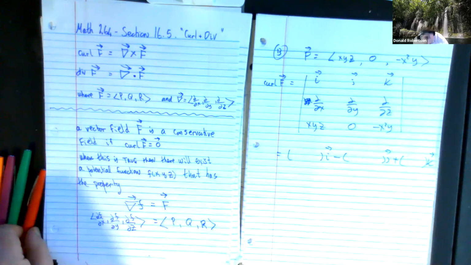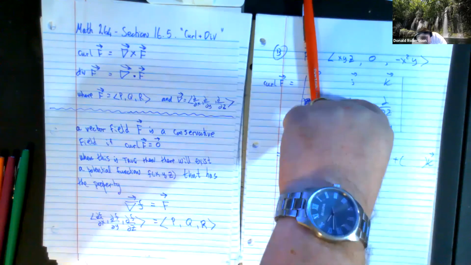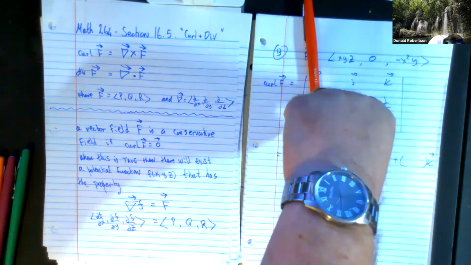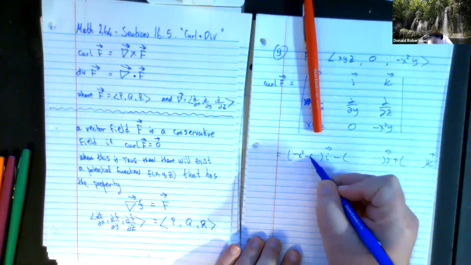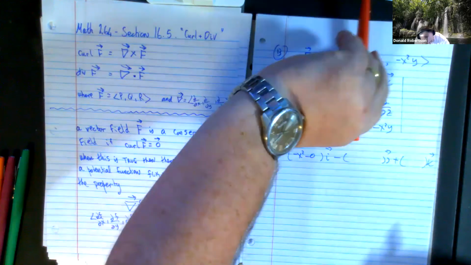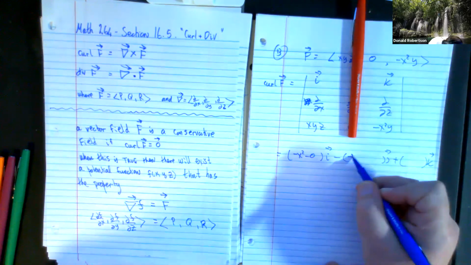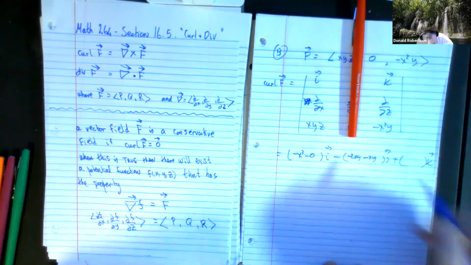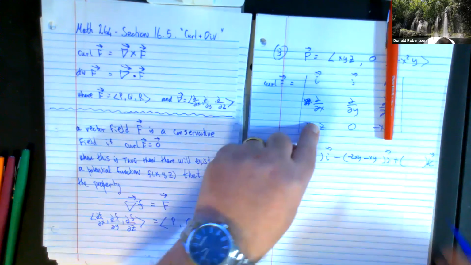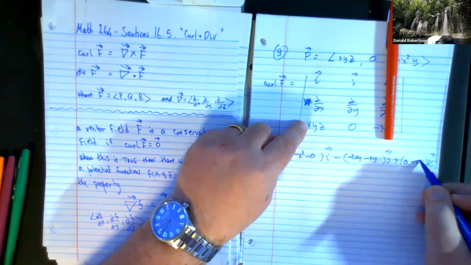Now, based on previous experience, I should be careful. If you differentiate this, you get negative x squared, take away nothing. If you differentiate this with respect to x, you get negative 2xy, take away an xy. And if you differentiate this, you get nothing, take away an xz.